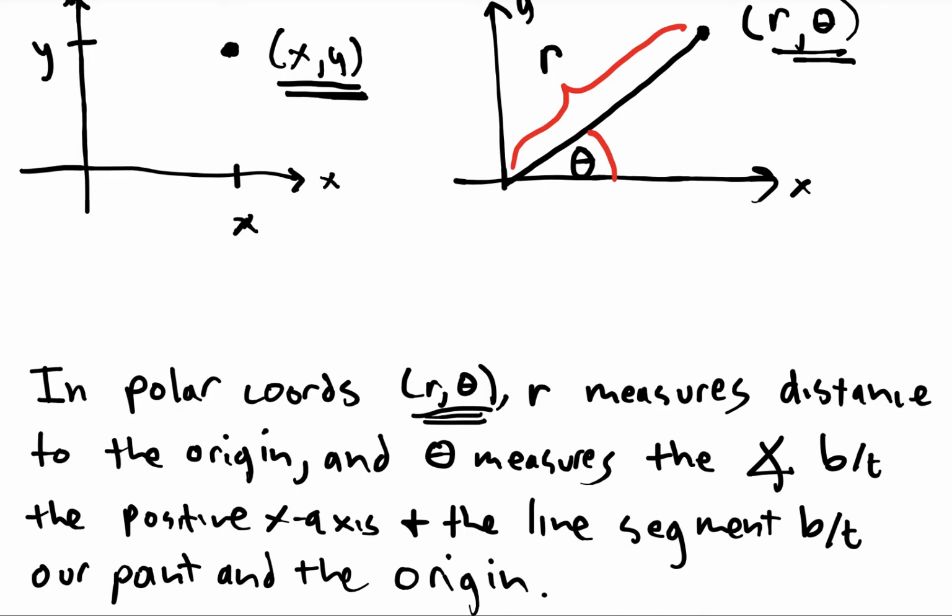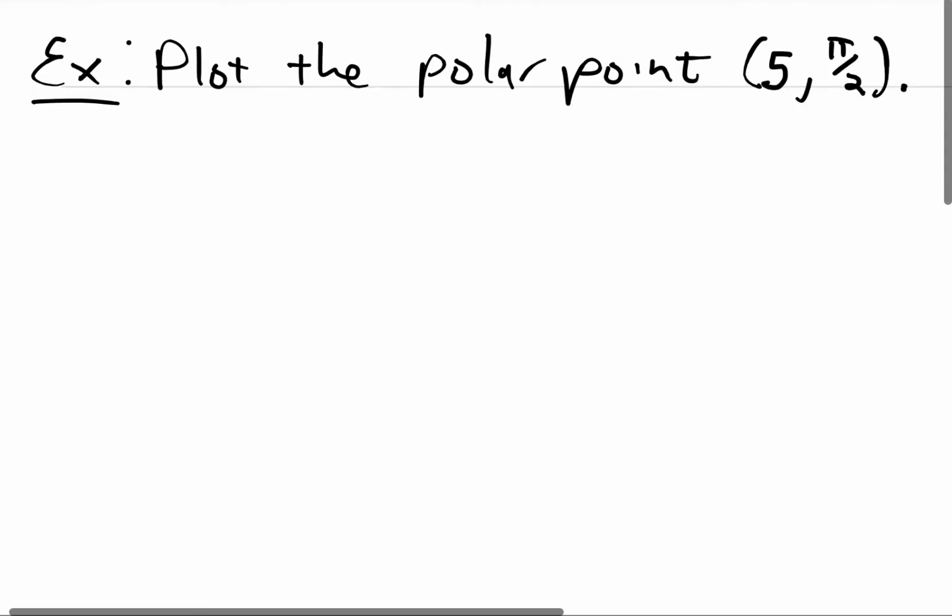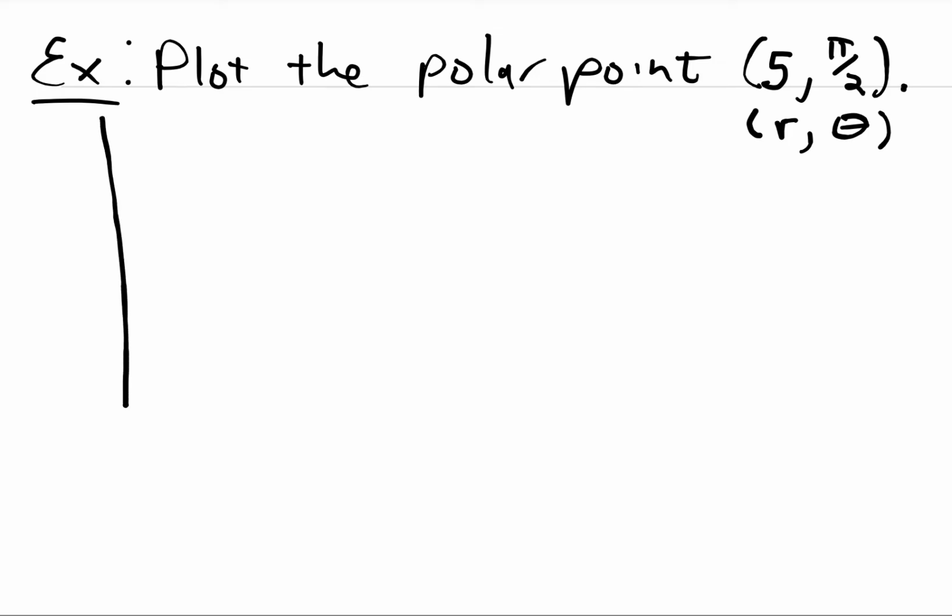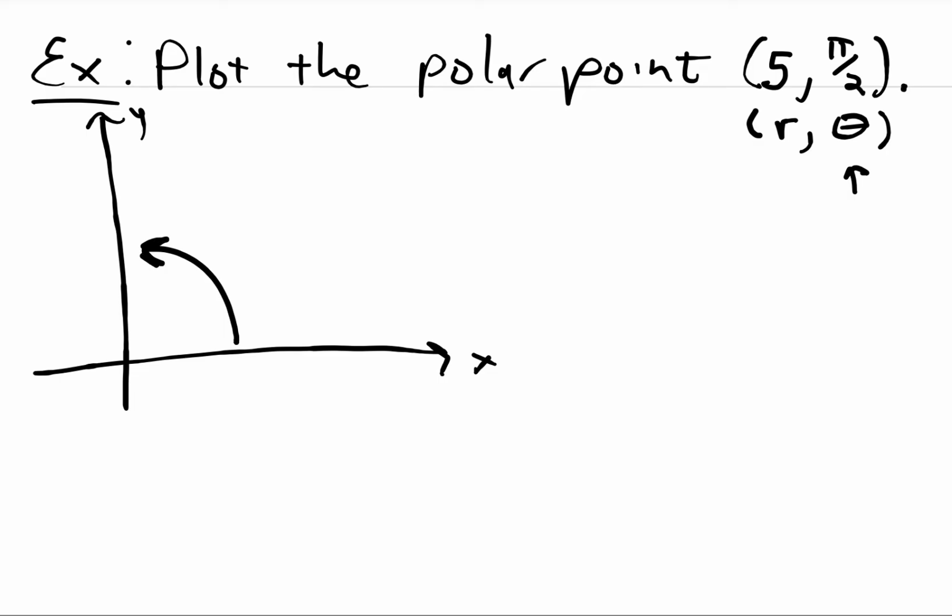Okay, so let's just try an example real quick. Plot the polar point (5, pi over 2). Now again, this is me trying to reference an r, theta point, not an x, y point. So if I draw my axes out, standard x, y axes, I want to consider this. If my theta is pi over 2, this means that I'm starting with the positive x-axis and I want to go over to an angle that is pi over 2 from that positive x-axis.